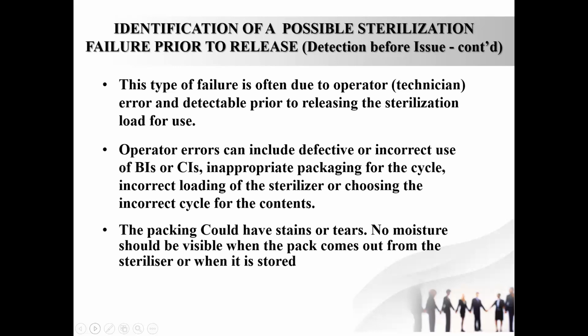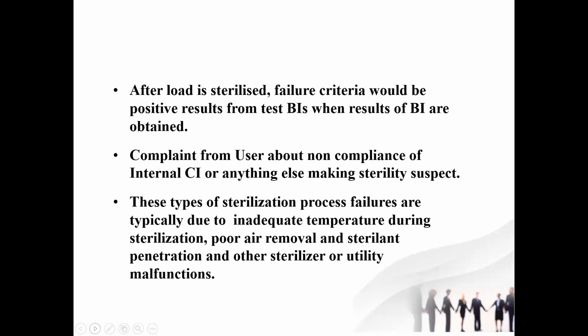The packaging may be torn or wrongly packed, incorrect loading of the sterilizer, or choosing the wrong cycle for the content. For example, you may choose an instrument cycle when you have put linen in the load. So all these can be detected before issue. Also, we have to check there are no stains, tears, or the packet is not wet, before we issue it.